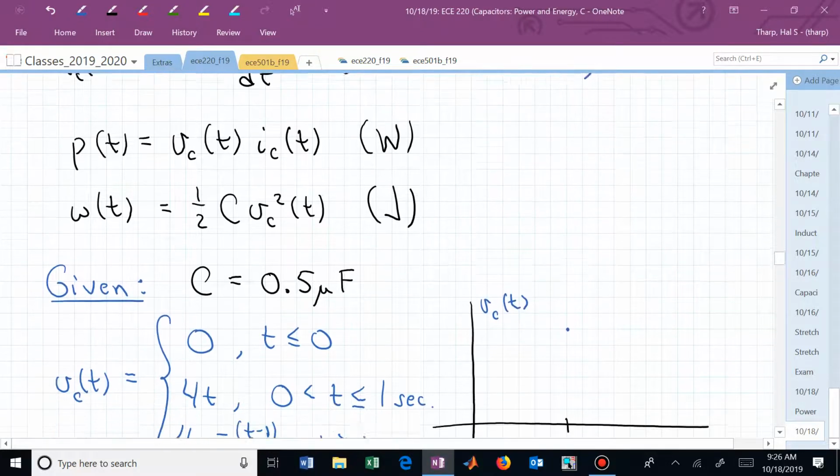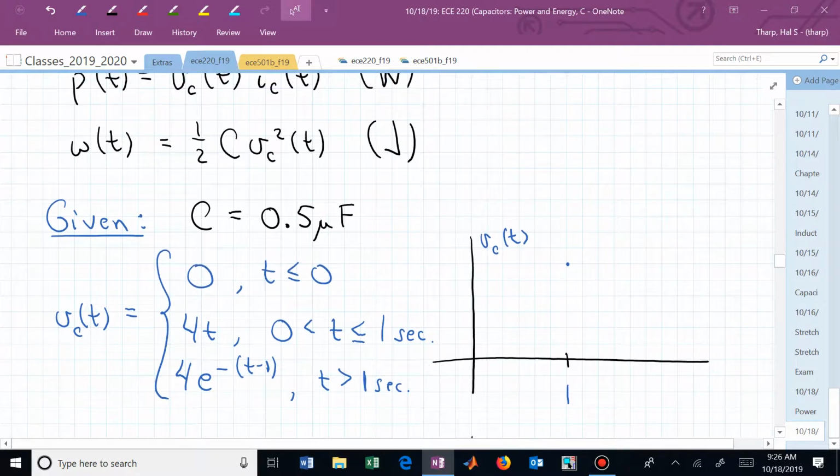In this problem, we're told that we have a 0.5 microfarad capacitor. That's the capacitance. And then we're given, again, another voltage waveform that is functionally different in 3 different time intervals. We have a time interval from minus infinity up to 0, where it's nothing. Our voltage is then 0 before 0.